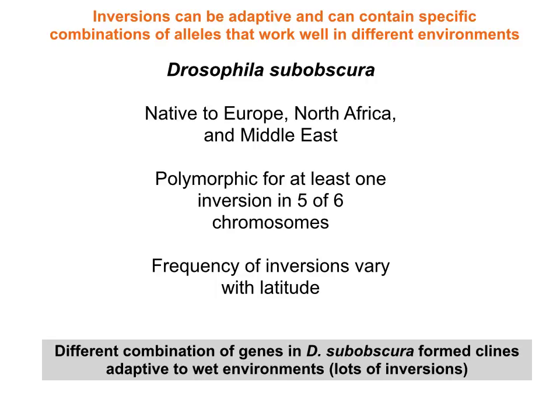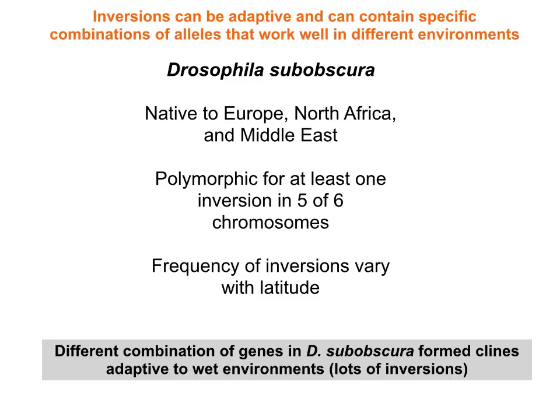But what's even more cool about this system is we see this parallel pattern, there's this correlation, but is that causation? No, not necessarily. So it's a cool pattern, but in order to really nail down that these inversions are in fact advantageous and that they're probably locking up these genes that are well suited for wet environments, it'd be nice to do an experiment with it.